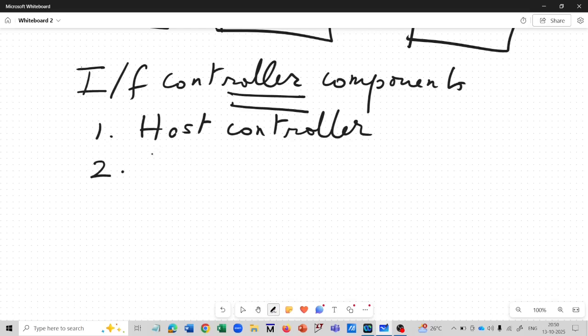The second important component naturally will be the device controller on the device side. The device controller is concerned with generating the handshake signals and the data signals that are required for communicating to the device side.